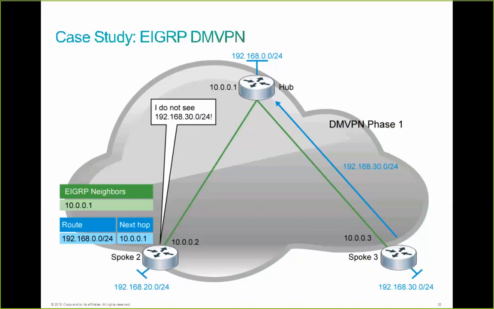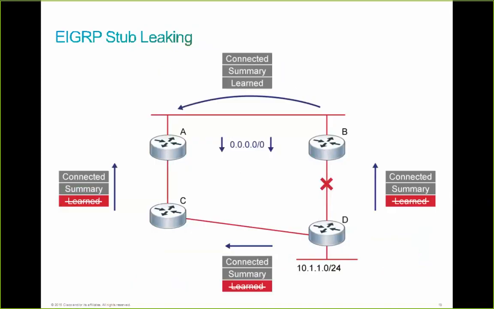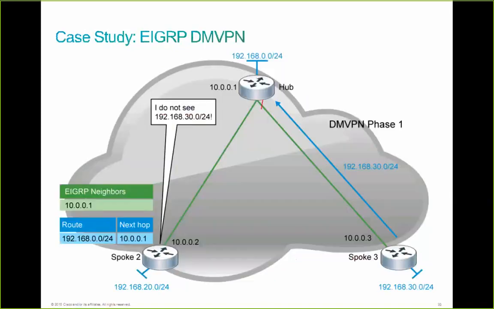The central hub and all the spokes that are connected to the central hub use what we call a multi-point GRE tunnel, or for short, MGRE. On this side here, we've got an MGRE tunnel, which is just simply a multi-GRE interface.